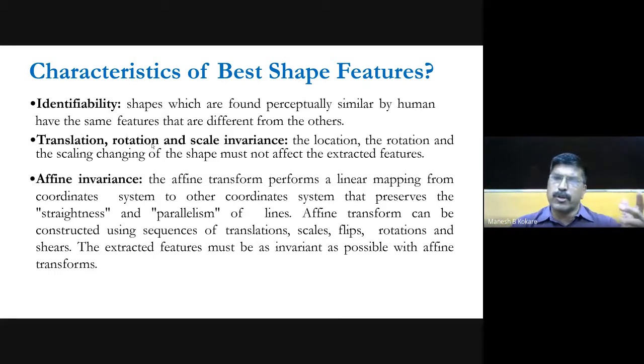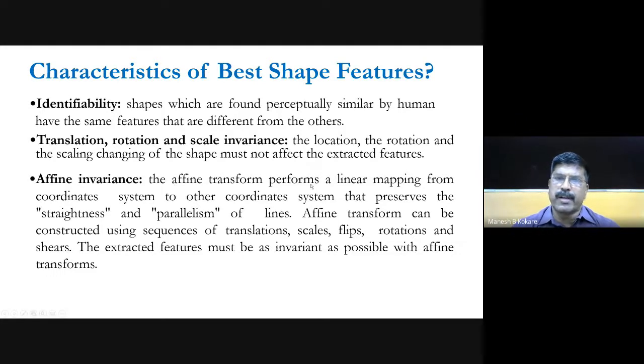Then your features should not change. Whether it is a rectangular coordinate or polar coordinate, whatever coordinate system you are using, the shape feature in polar coordinates or in rectangular coordinates, whatever you extract, should not change. So it should have affine invariance properties, even if the object is transformed or mapped to another coordinate system.